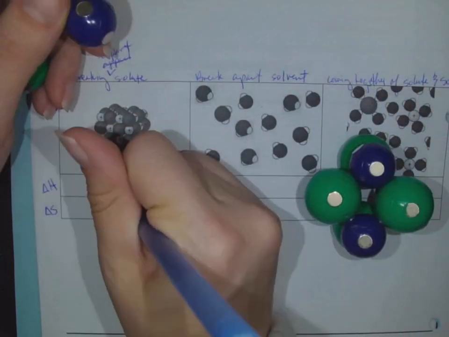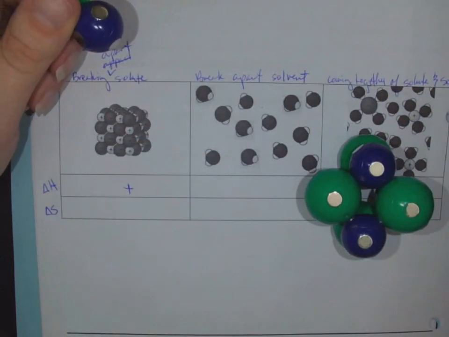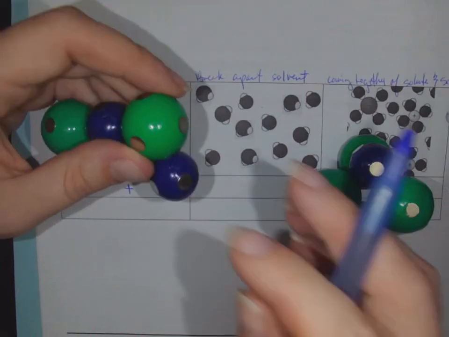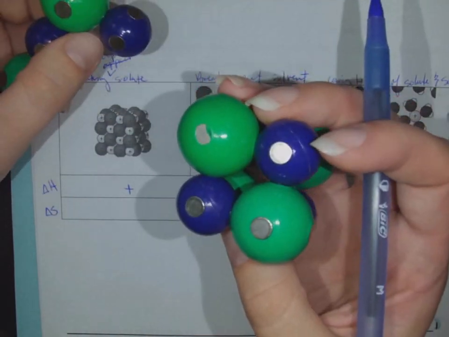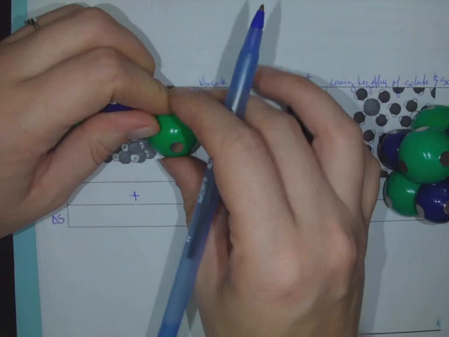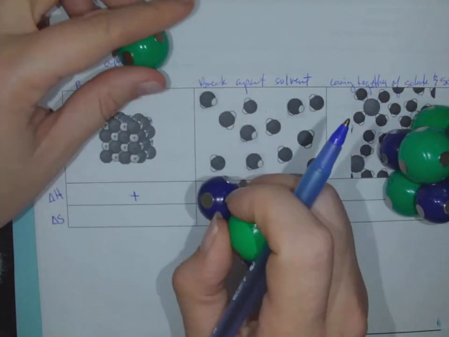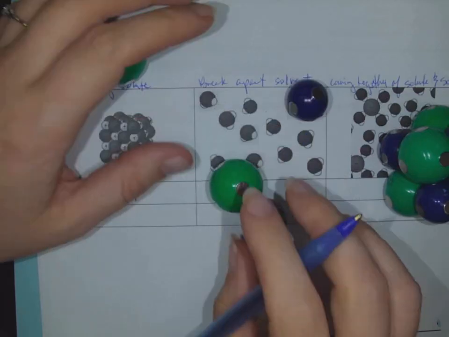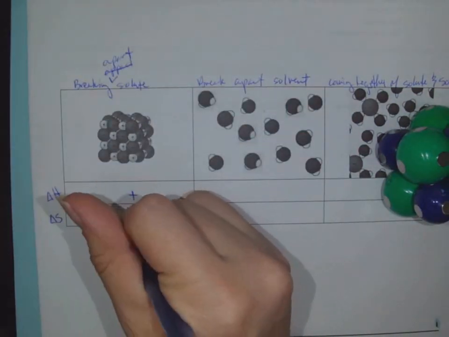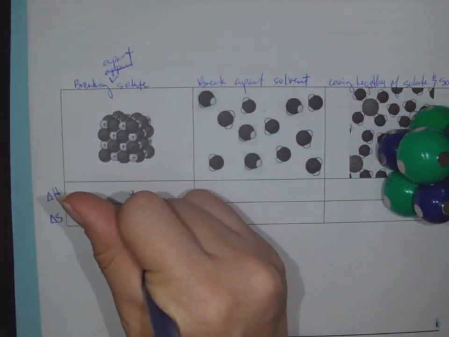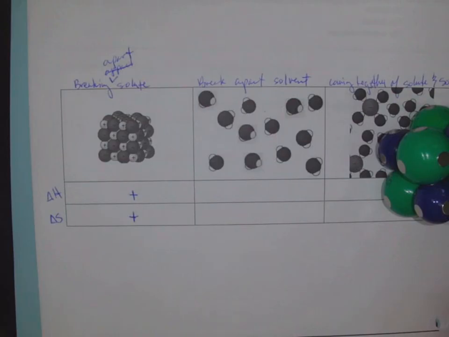So that would mean I have a positive for my delta H. And when it goes from being ordered to broken apart, then it becomes rather disordered. They have a lot more movement the further away they are from each other. And so we would increase in our entropy. It becomes more chaotic.